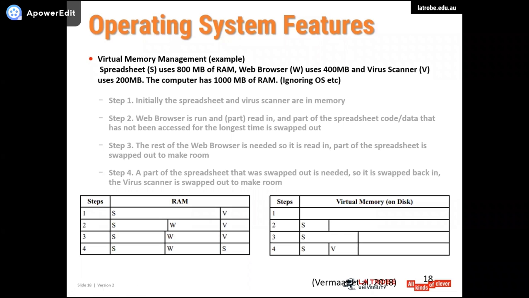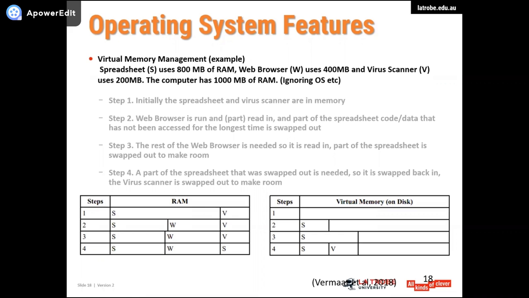So step 1, initially we have our spreadsheet and virus scanner in our memory. Then we open our web browser. We just read part of the web browser into RAM, because usually in the beginning we don't need the whole web browser.